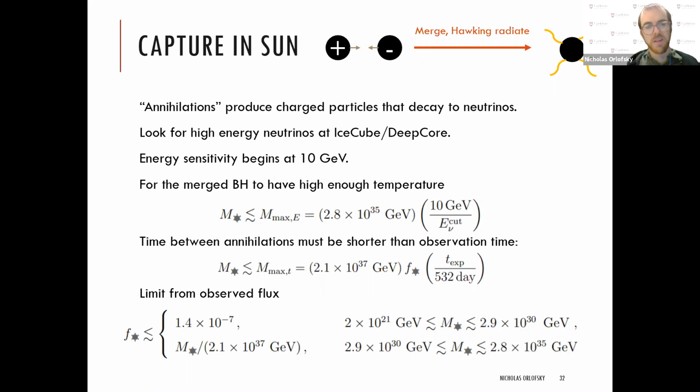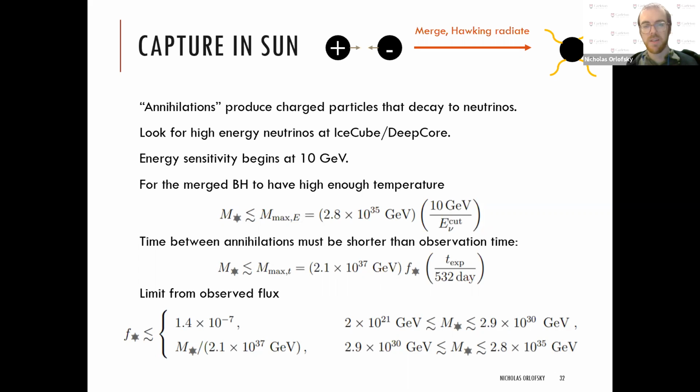So then we only have a few requirements. We need the temperature of the Hawking radiation to be large enough that you see these, so it has to be at least 10 GeV. And you also need there to be a short enough time between annihilations such that you observe an annihilation during the observation time.